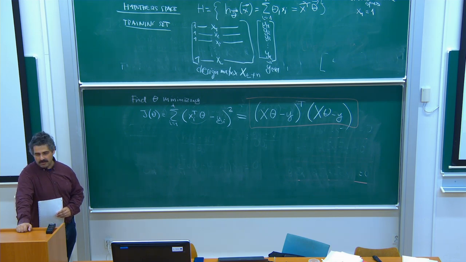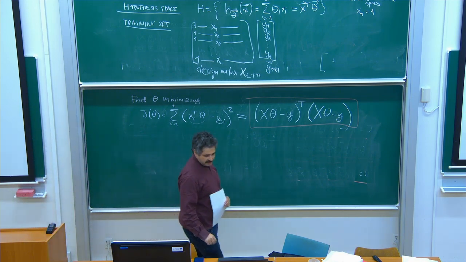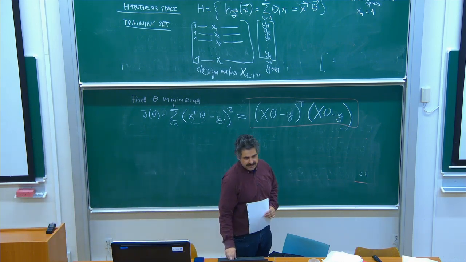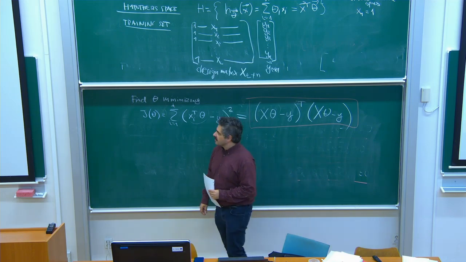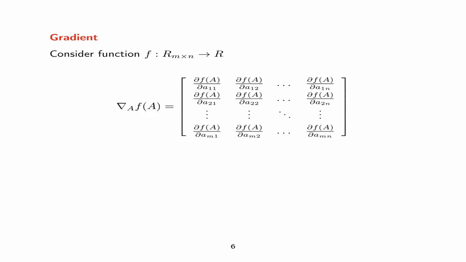I need to take all the partial derivatives of this. Fortunately, there is also a more friendly notation for that. The thing that we will be working with is called the gradient.